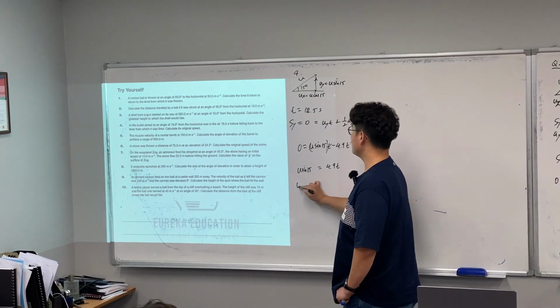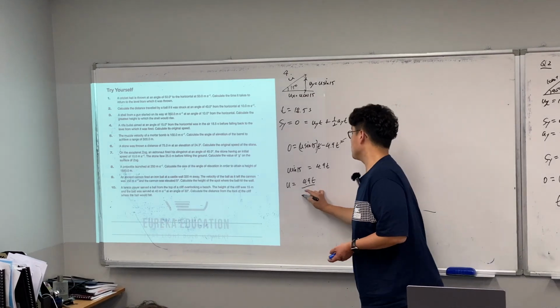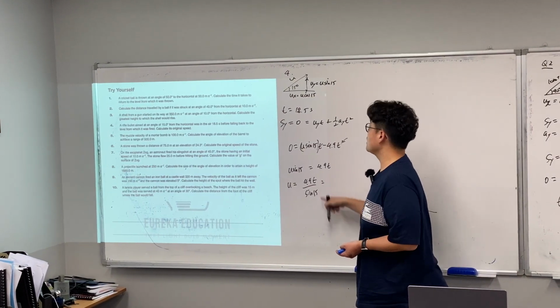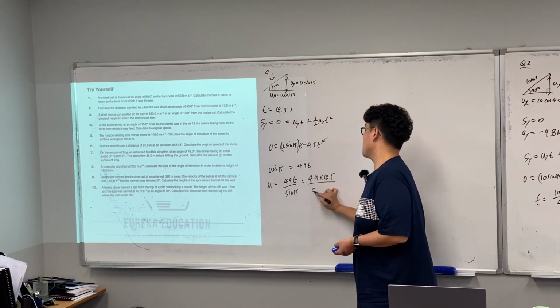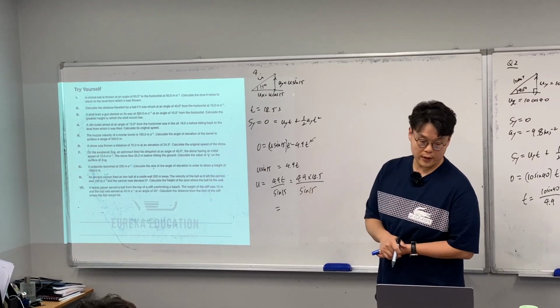So leaving u as the subject, u is equal to 4.9 times t divided by sine 15. As given, t is 18.5, so 4.9 times 18.5 divided by sine 15. Yep, so what about the value?